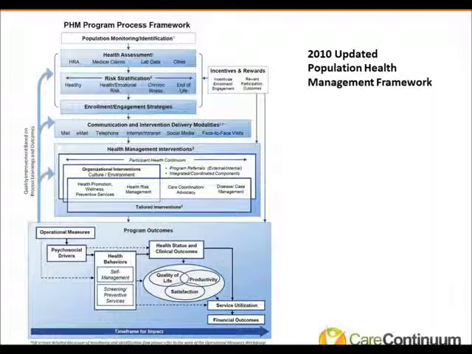It also includes an assessment stage, followed by risk stratification, the application of enrollment and engagement strategies to get people engaged and involved, the availability of multiple communication and delivery modalities, health management interventions that span the care continuum, and program outcomes across multiple domains. And finally, it includes the feedback loop that reflects the need to incorporate process and program improvements based on learnings from both operational measures and program outcomes.